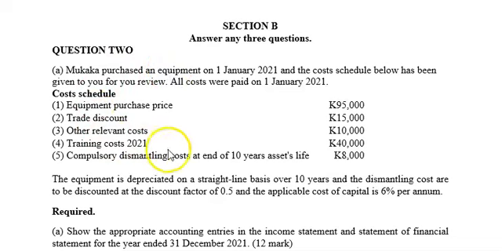So that will mean delivery cost, transportation, testing, technical cost, those things. If there was labor that was being paid for in bringing that asset into working condition, it should be added to the cost. So any directly related costs will be added to the purchase price.